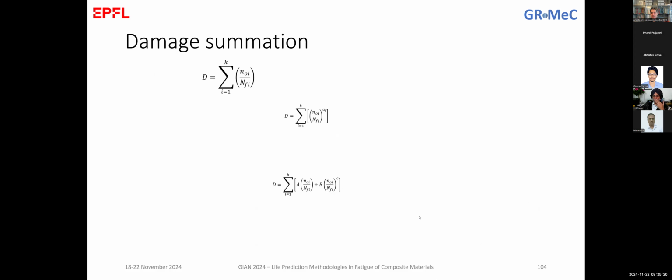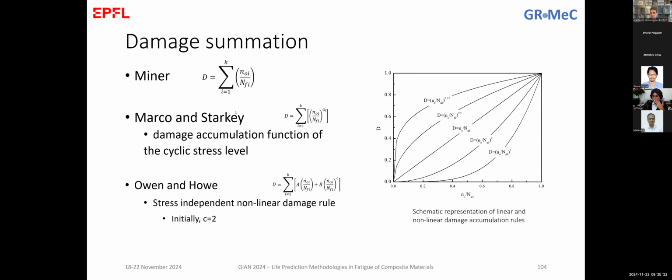And then the damage summation, as we said previously, can be either linear with Miner's rule, as we've seen before, or can be nonlinear. And these nonlinear damage rules have been introduced in the past widely. We have a lot of nonlinear damage rules that exist for different materials.